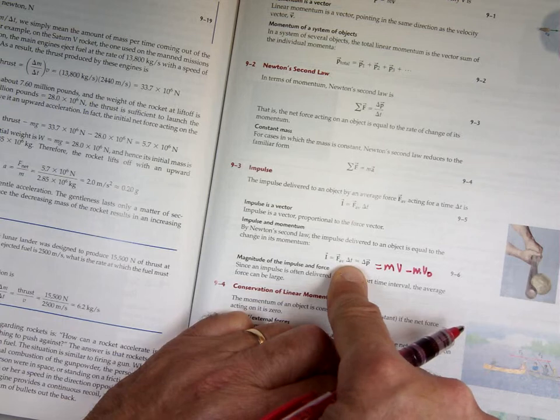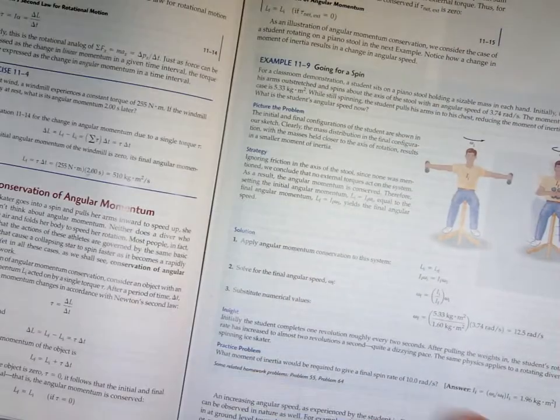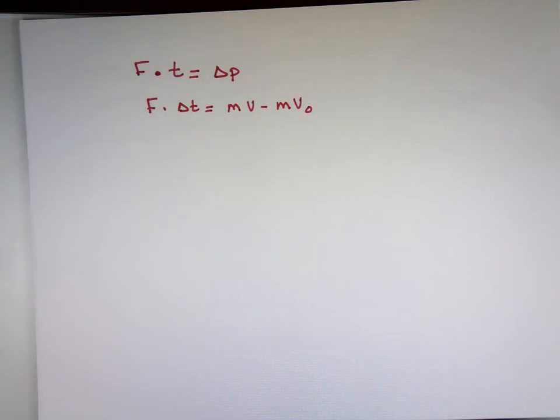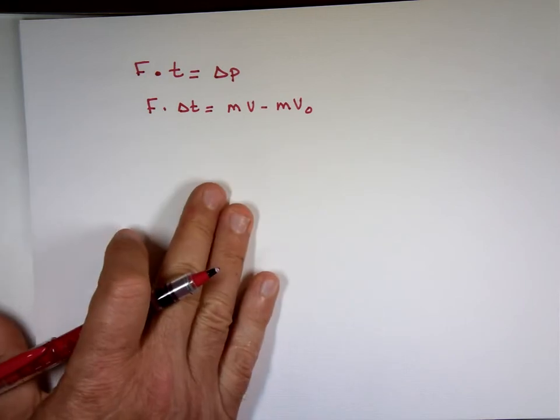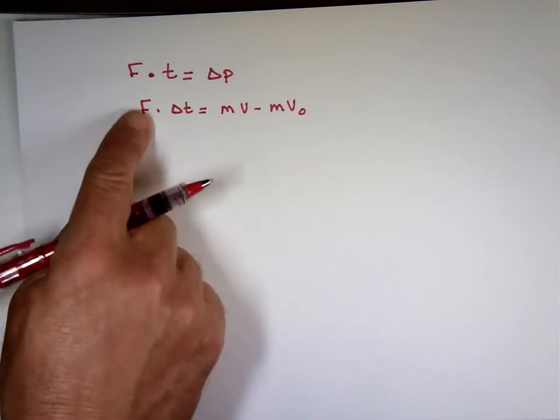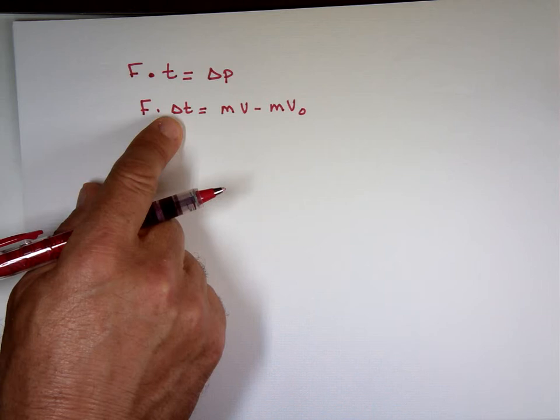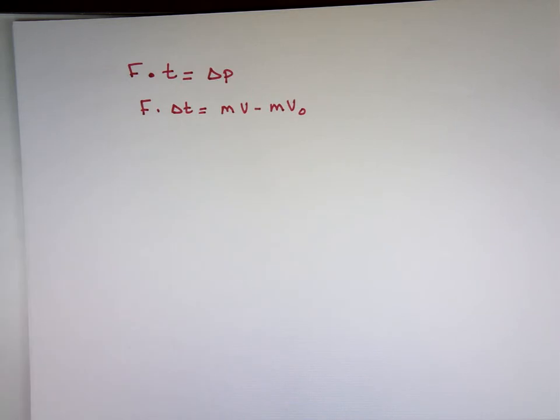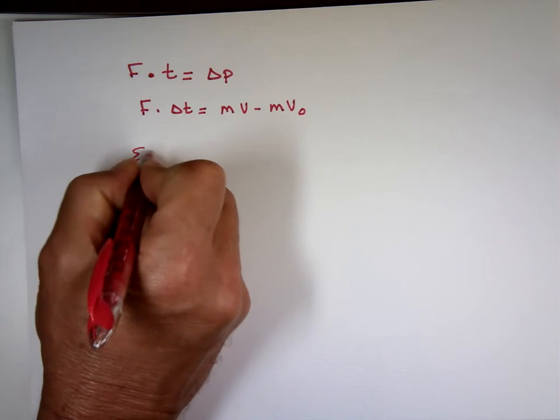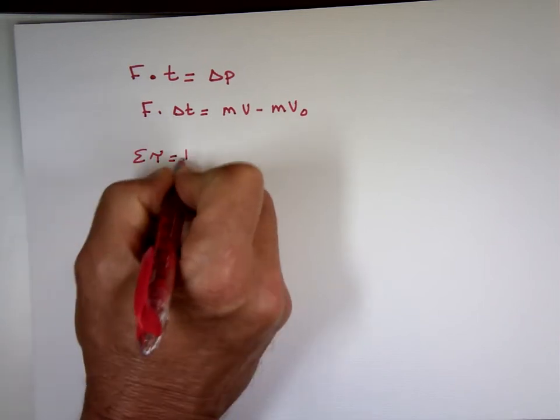Well, when things are spinning, we have one similar to that. Instead of force times delta t, we're going to use torque. We said Newton's second law says the net torque equals inertia times alpha.